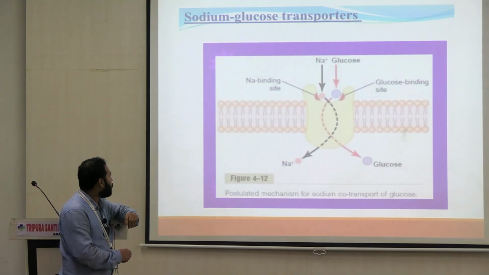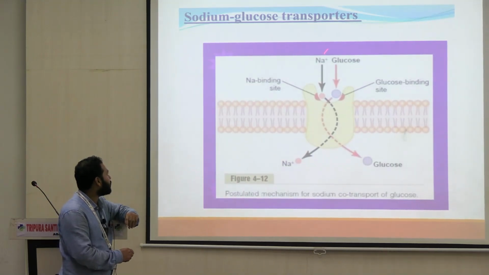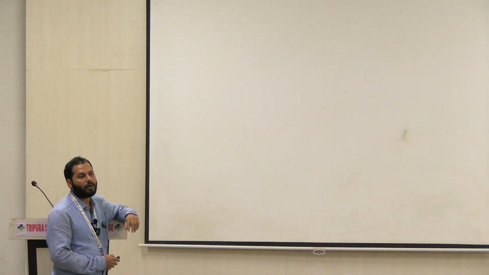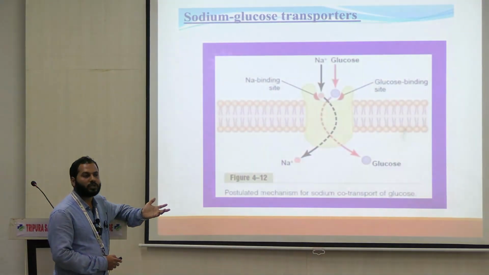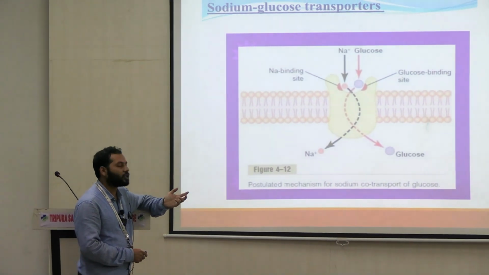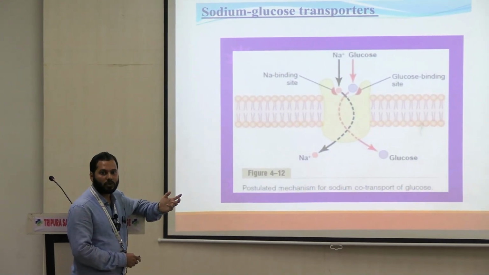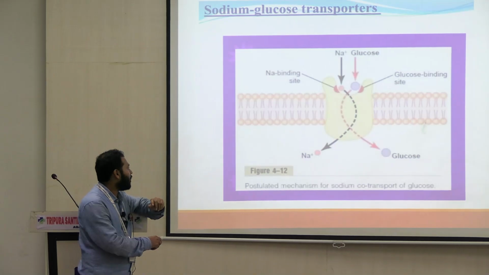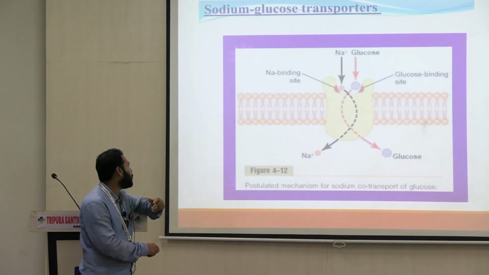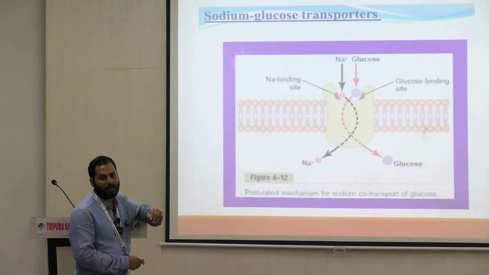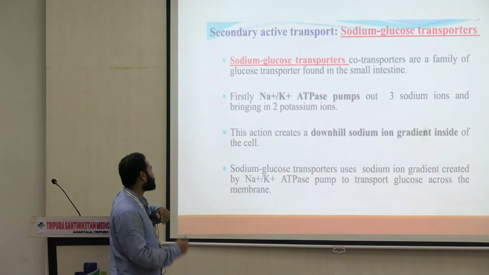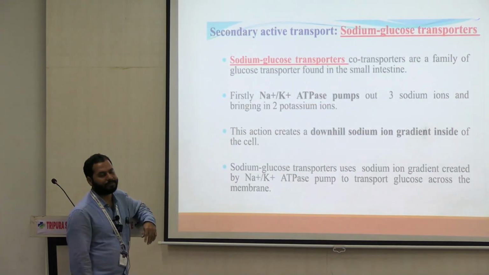Now, once this glucose and sodium bind to their specific sites, there is a conformational change of that sodium-glucose exchanger, and that conformational change helps the release of both the sodium ion and potassium ion accordingly. Now see how it actually happens.